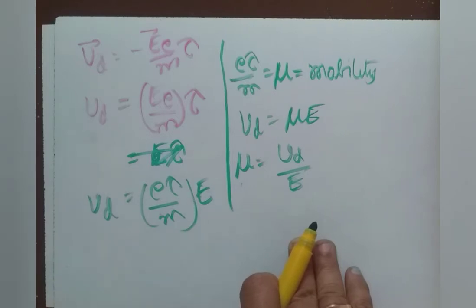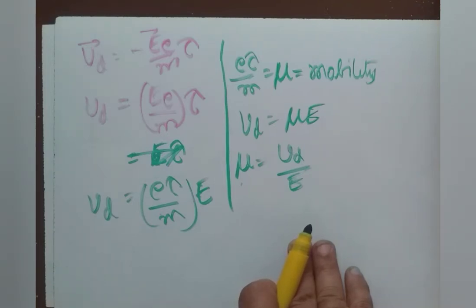That's a very important thing. That's why we define drift velocity as the average velocity acquired by the free electrons due to the applied electric field.